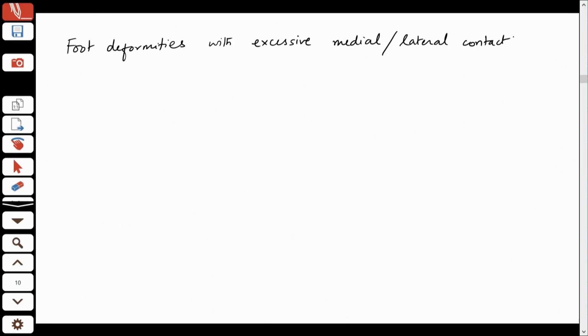You can make that out from the wearing pattern on the shoe. So in some foot deformities, if there is a deformity which makes the foot more likely to contact medially or laterally, then that could also affect the gait.